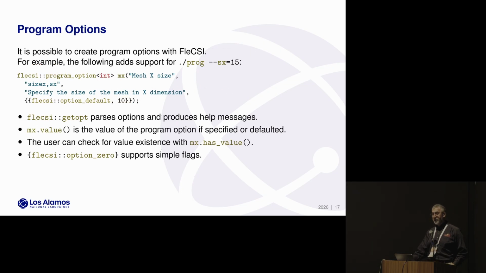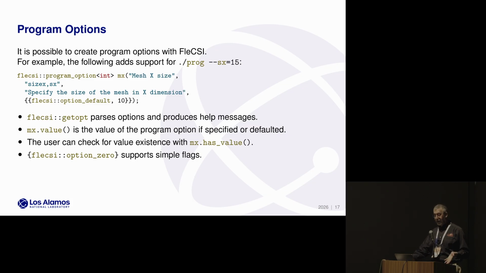For convenience, FleCSI also provides a way of adding program options to an application. So here's an example of that, where we declare a program option of type int. It's called mx and represents a mesh's x dimension. The arguments the user would type would be either --sizex or --sx for short.